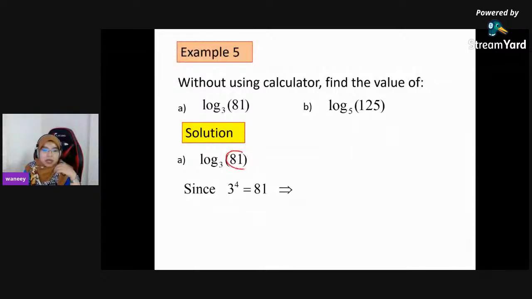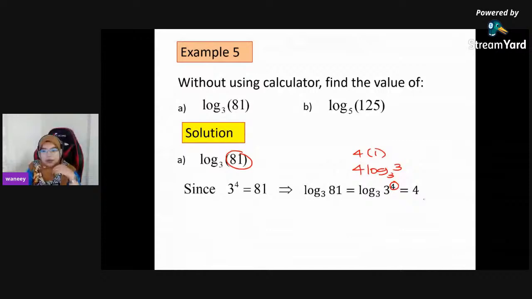So what we have is log base 3 of 3 to the power of 4. Since you have a power over here, you can bring it in front. So it will become 4 log base 3 of 3. And log base 3 of 3 is actually equal to 1. So it will become 4 times 1. So that is how you get 4.